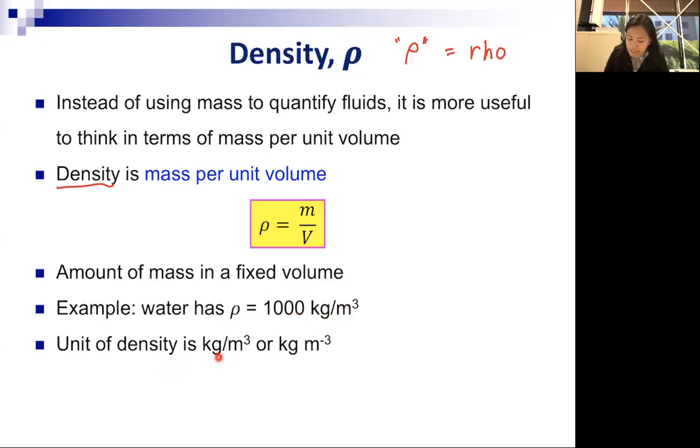So from there, you can see that the unit for density is kilogram per meter cubed. We can get that from the equation. The unit for mass is kilograms, and the base unit for volume is length times length times length, so that will give you meter multiplied 3 times, or meter cubed.